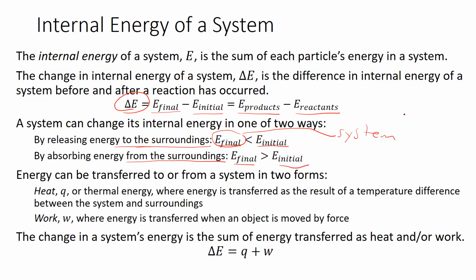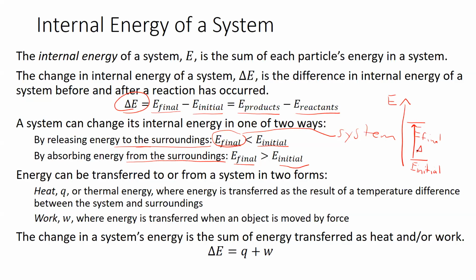And you can think about this to some degree on an energy diagram. This is something we're going to see more and more. An energy diagram is just an energy axis, and the x-axis is sort of arbitrary, but if we have a final energy that's greater than the initial energy, well, then this system is going from a lower energy to a higher energy.